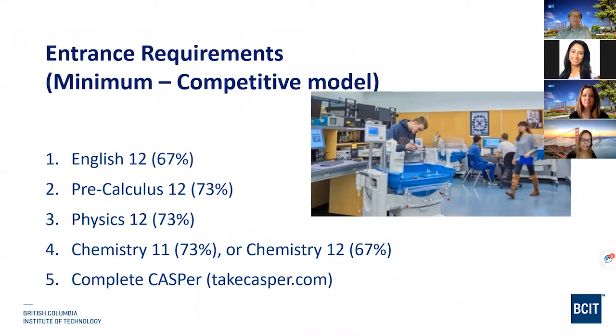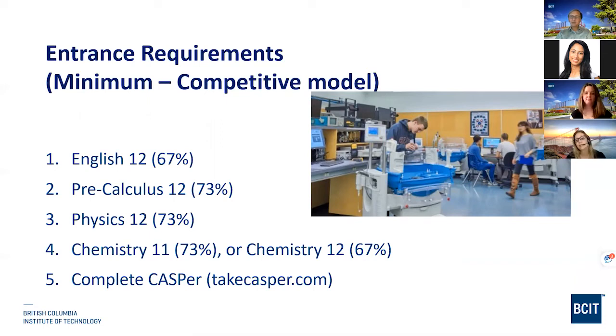So this slide highlights the specific entrance requirements. Please note that the program's fairly competitive, so you should try to achieve higher grades than the minimum grades that are listed on this slide. So you will require English 12 with 67% or higher. You must have 2 years of English in an English-speaking country to qualify with just your English 12.